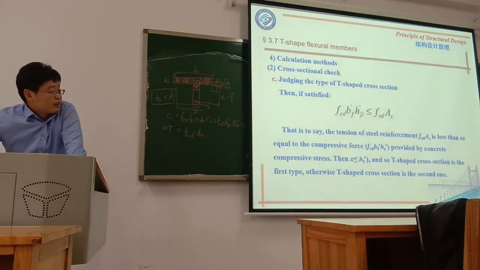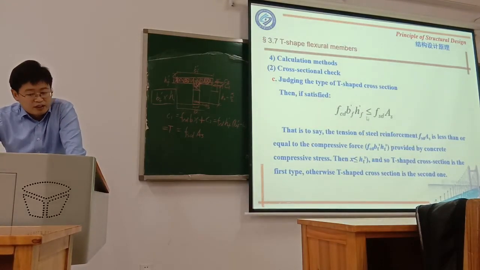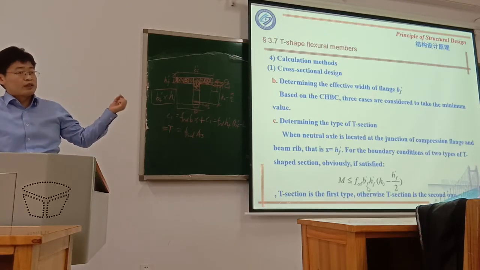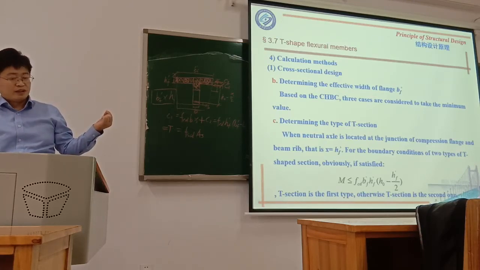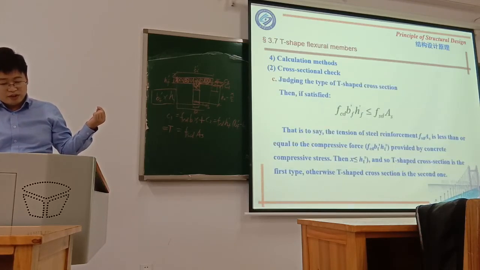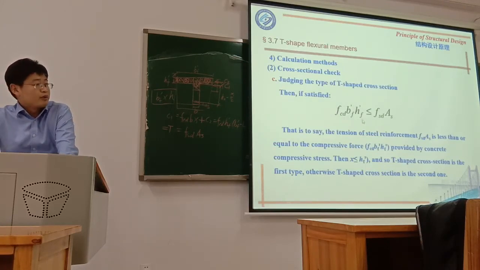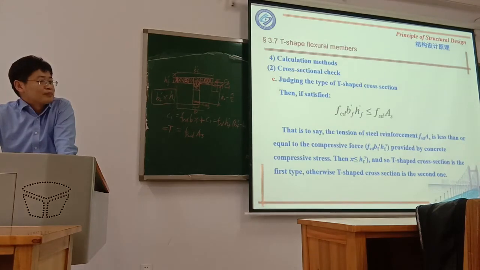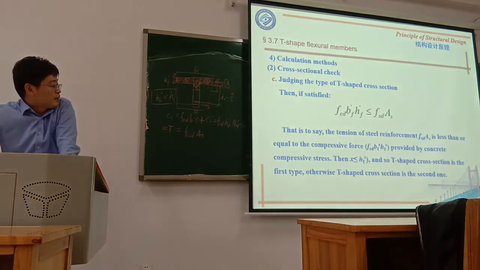See, here is the difference from just now. Just now when we calculated, we used this equation to determine whether it's type 1 or type 2. And now we use this equation to determine whether it's type 1 or type 2. What's the difference? See, this part is the tensile force.